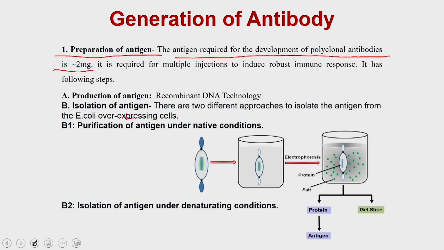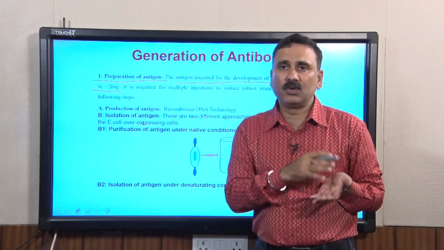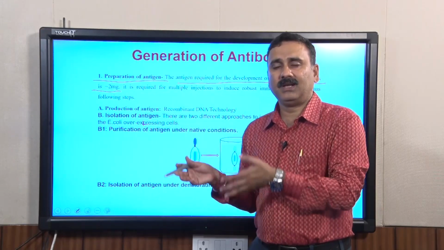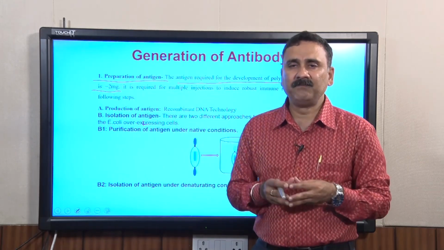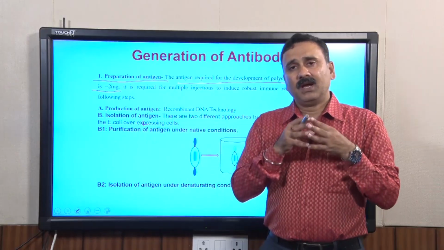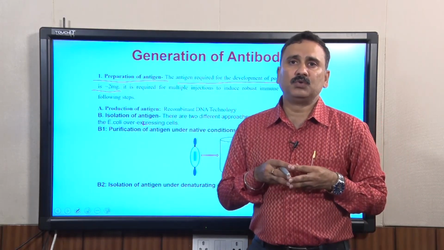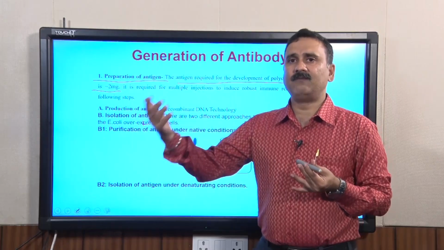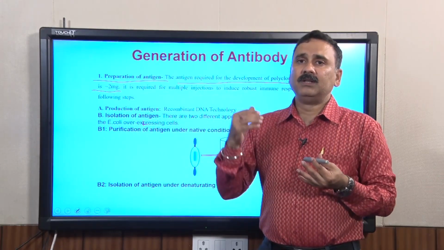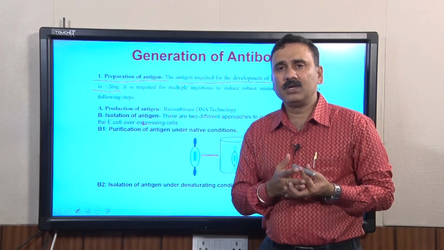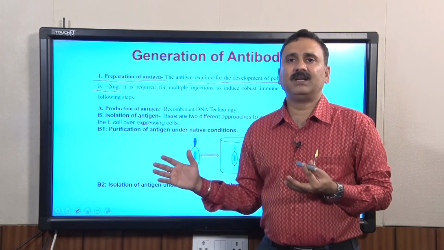The 2 milligrams I have given is the amount you need for a rabbit, but if you use mice, the requirement may be lesser, but consequently you are going to get a lesser amount of blood, so the amount of antibodies you get will also be less. So, the first question is the animal which you are going to choose, and accordingly you have to prepare the antigen in the required quantity.